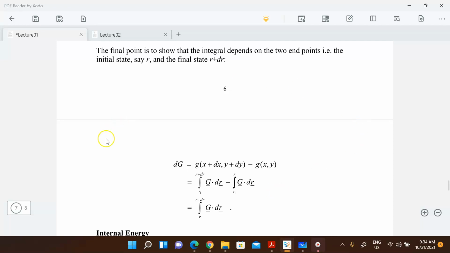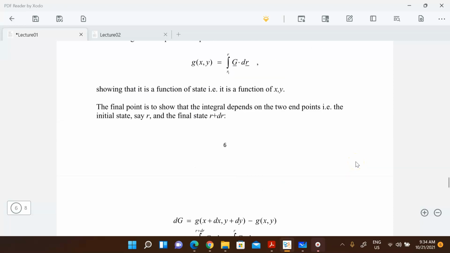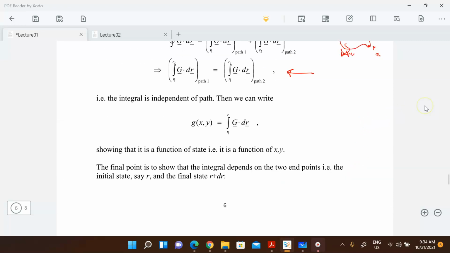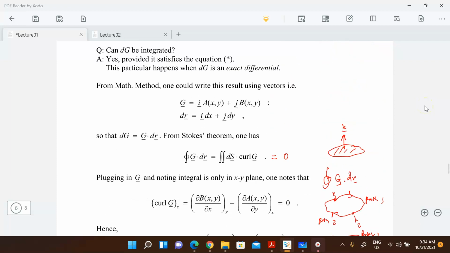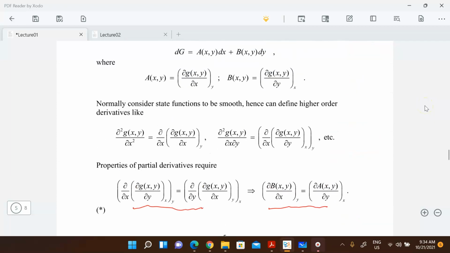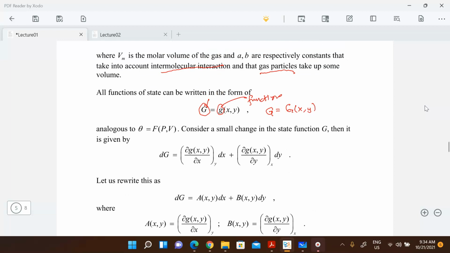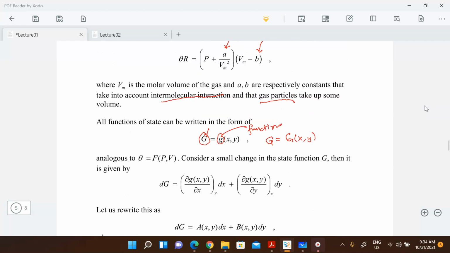So this is essentially the argument that, in the end, the result should depend on the endpoints r plus dr, or r, or in general r1, r2. In other words, you get back to the same concept that your state function has to be a function of x and y.